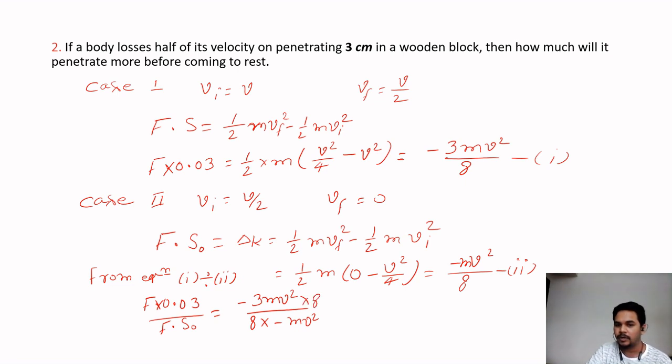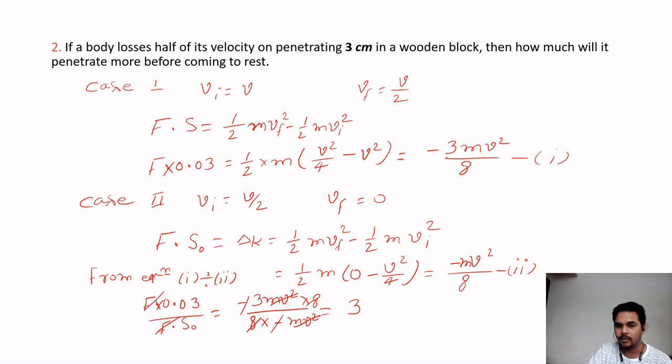What was in the denominator goes into the numerator. So this 8 will cancel out, m v square will cancel out, the minus will also cancel out, and it becomes 3 itself. So from here this F will also get cancelled out.